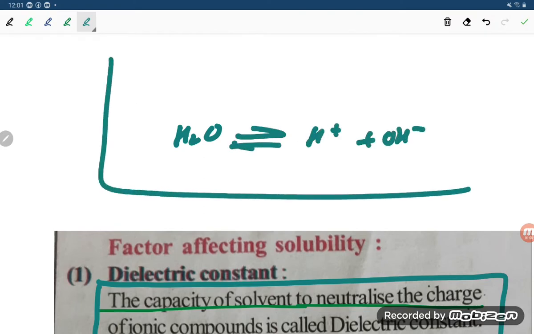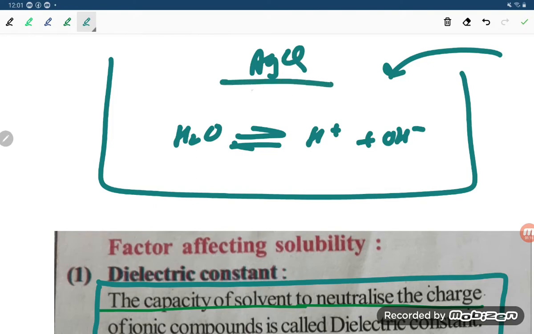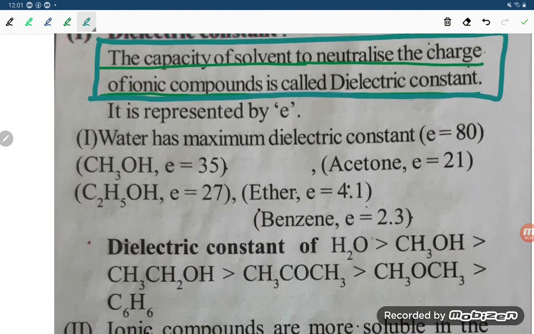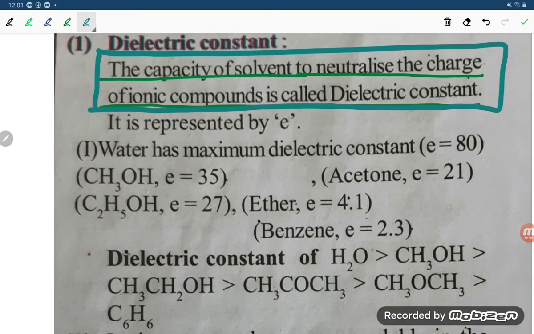So if you are putting any compound, like AgCl, it shows how easily it will neutralize this water molecule. So the capacity to neutralize this molecule is known as dielectric constant. It means the capacity of solvent to neutralize the charge of ionic compound is called dielectric constant.